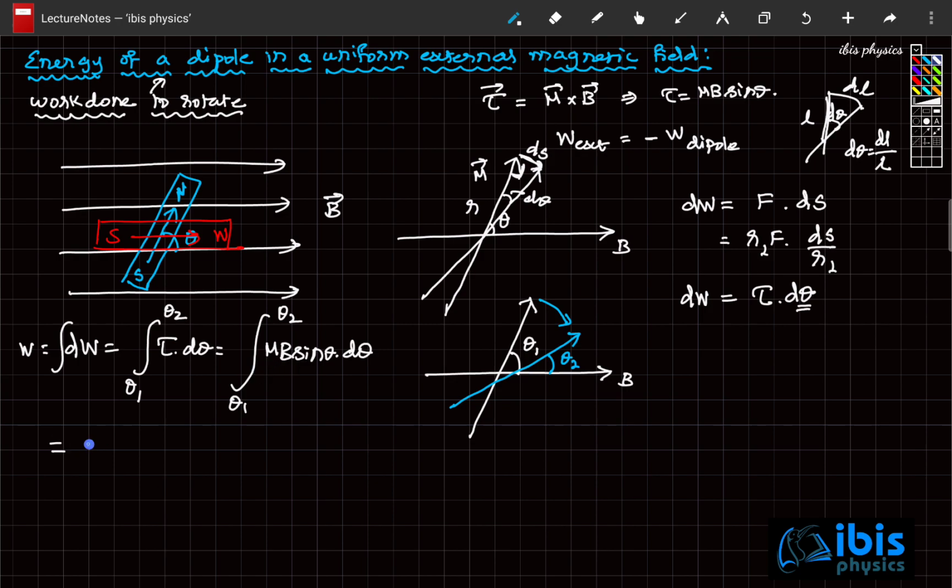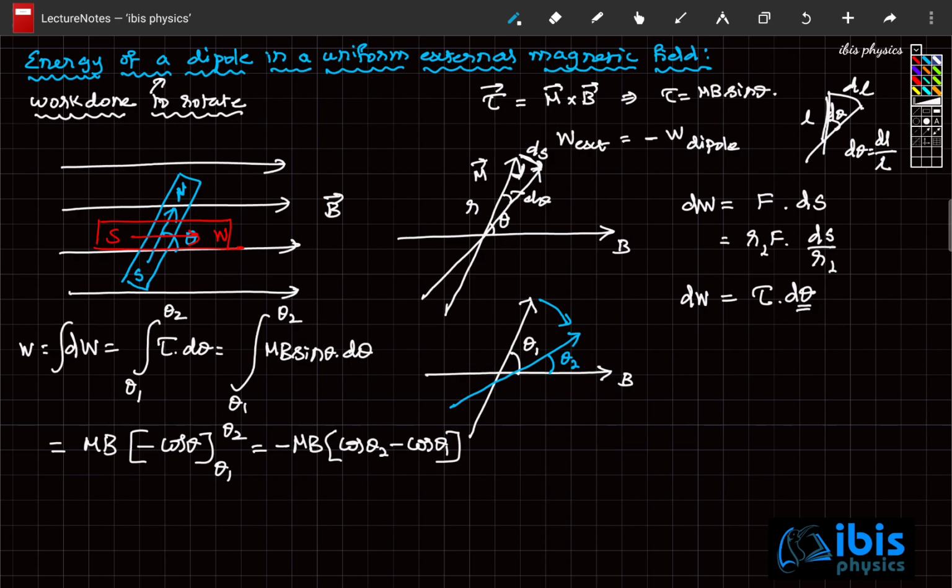So here we take mB out. The integral of sin theta d theta is minus cos theta, from theta 1 to theta 2, so we get minus mB into cos theta 2 minus cos theta 1.